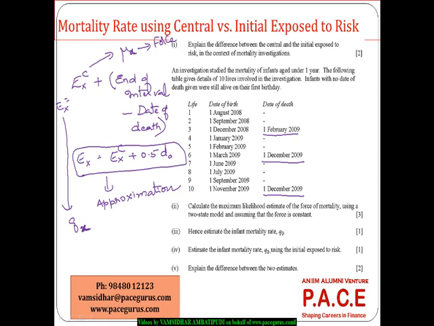So even if I am using the central and finding mu x, we have a formula to convert that mu x into qx. We have seen earlier that qx from mu x comes out as 1 minus e power minus mu x. So I can use this logic to compute the qx from mu x. Those kinds of interlinkages can be applied to solve our numericals.